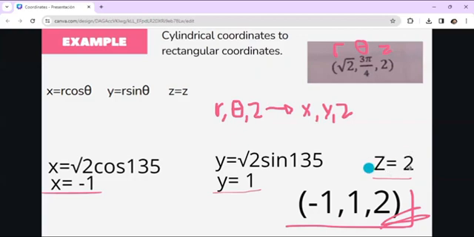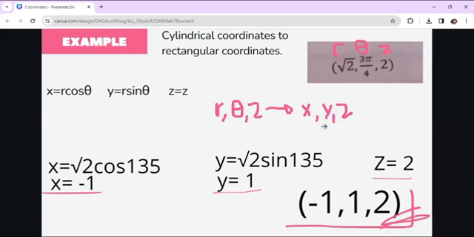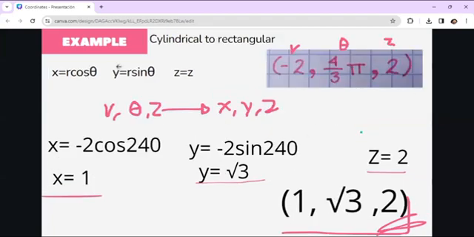So the only thing that we need to do is put this expression. So the result is, in parentheses, -1, comma, 1, comma, 2. And we have the rectangular coordinate of that cylindrical coordinate. And this is the second example. The third example, sorry.